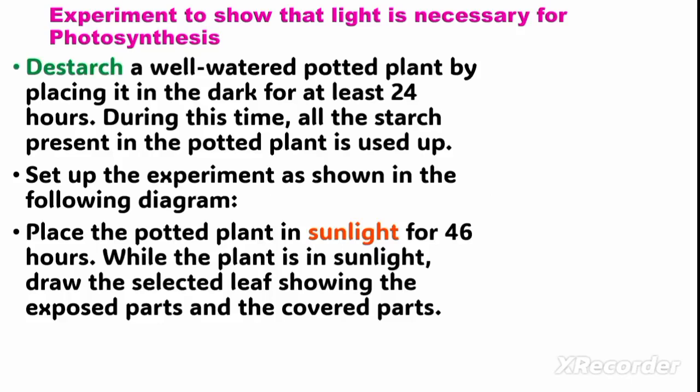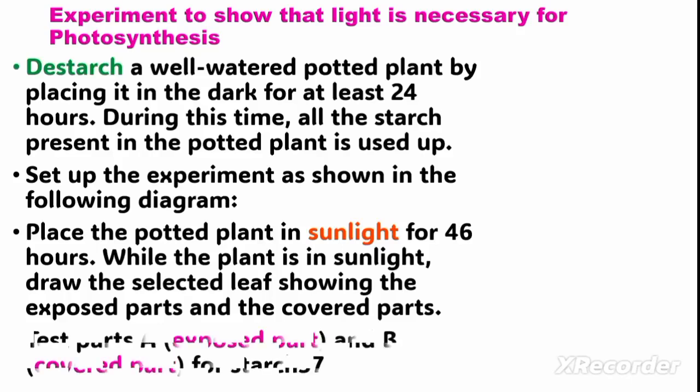So we are taking this plant from the dark room, and this plant has lost all its starch. Now we are placing this plant under the sun. We consider this leaf, we cover part of the leaf, and we allow part of this leaf to be exposed.